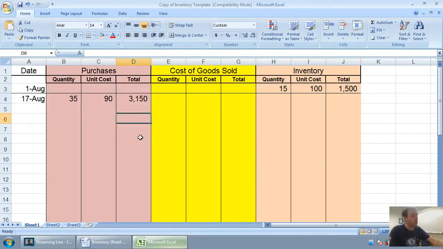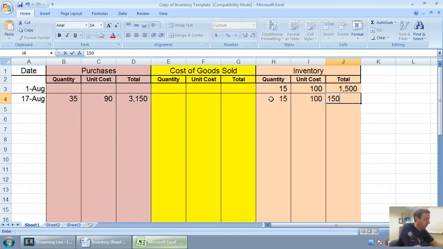I want to keep each line separate. So, on my previous date, on August 1st, I had 15 units at $100. I've got to ask myself the question now. I'm doing a running total. I had 15 at 100. Do I still have 15 at 100? The answer is yes. I didn't sell them, so I still have those units sitting around. 15 at 100 for 1,500. Now I've just added to that 35 at 90 for 3,150.